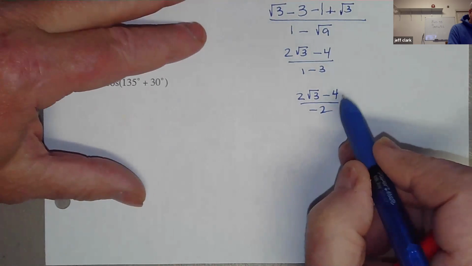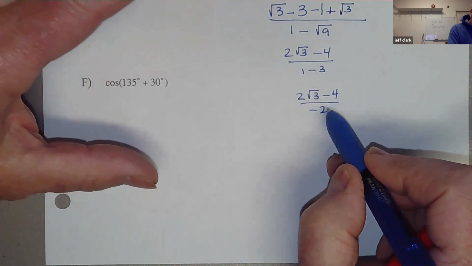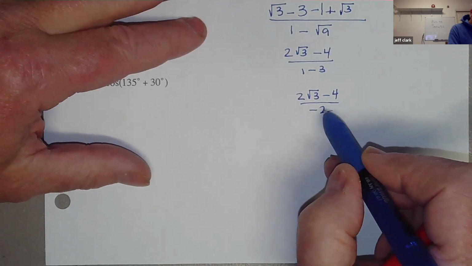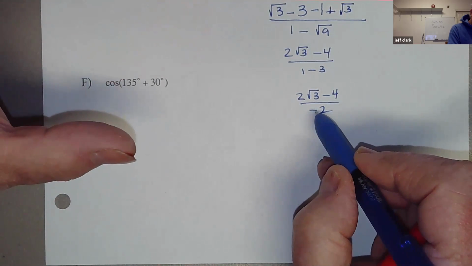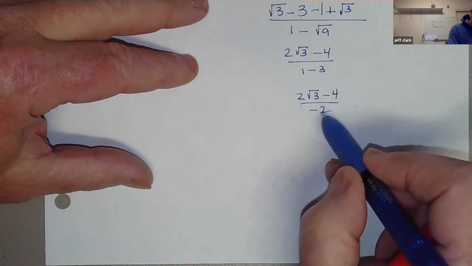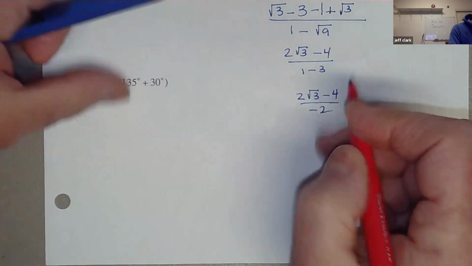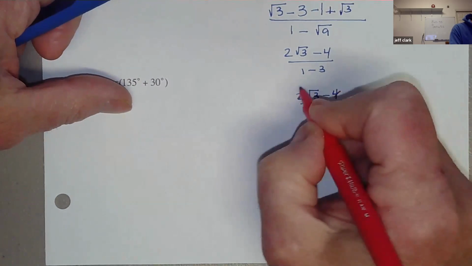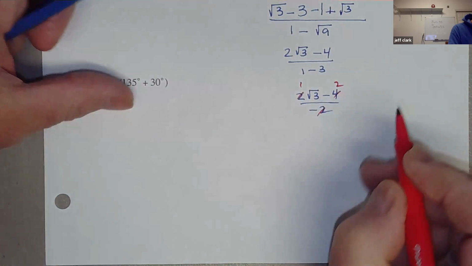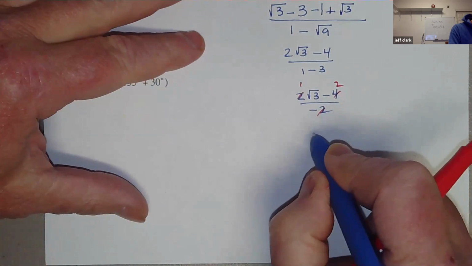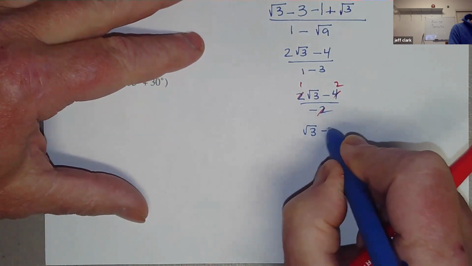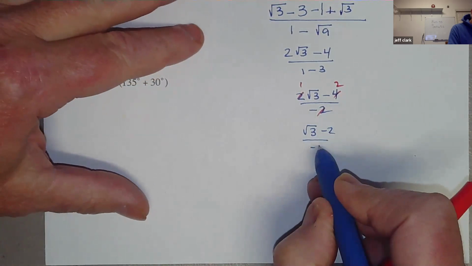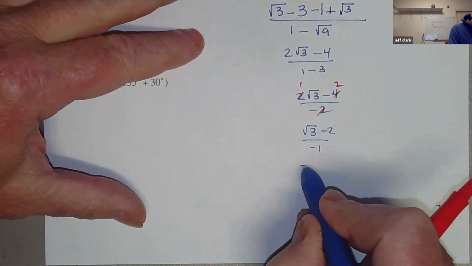Back of the book probably is going to say, from here, get the negative out of the denominator. That's first. And then the 2's will reduce here. So that's nice. That's 1, that's 2, and there's still a negative, meaning that there's root 3 subtract 2 over negative 1. This means change the sign to both.